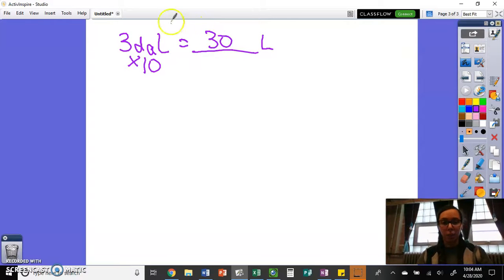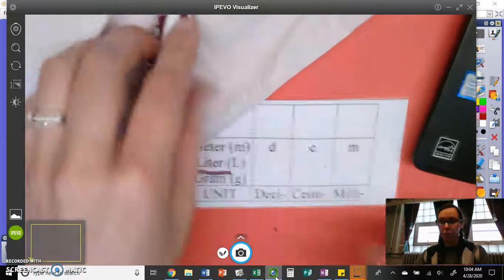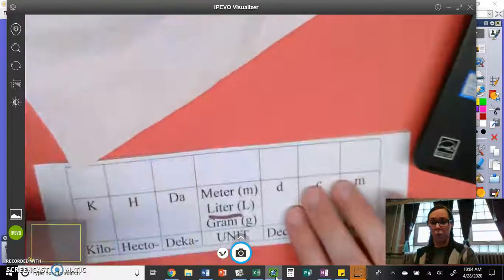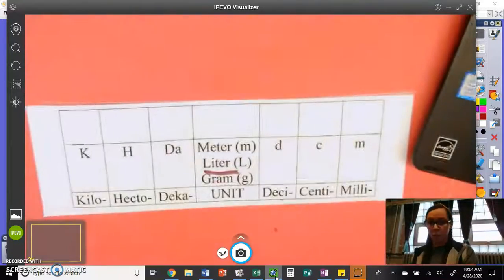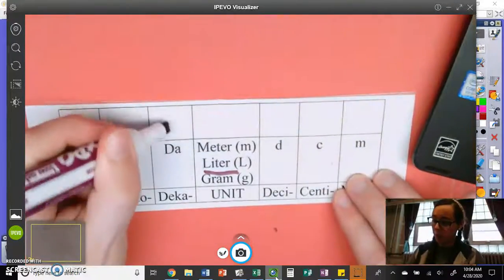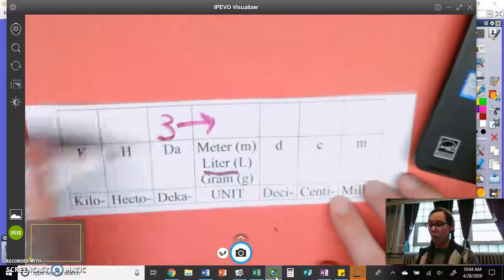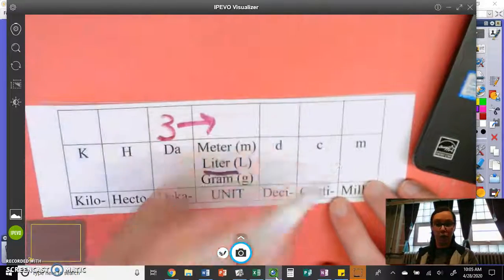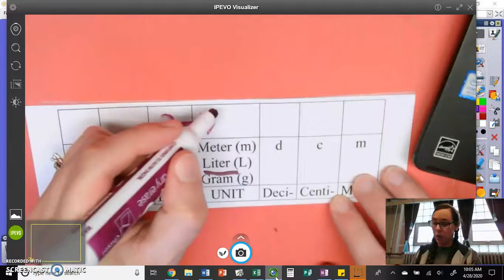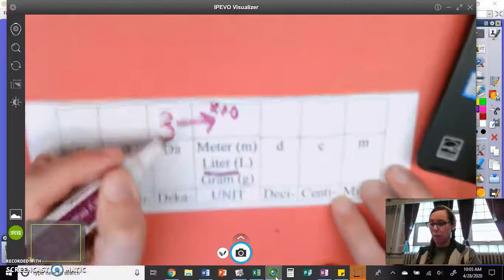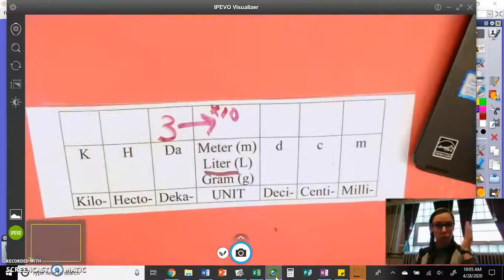And I say multiply by 10 because I'm only moving one box over. I started here, and I moved into this box. Remember, each box you either multiply or divide by 10 for each one. So here I would have a little times 10. 3 times 10 is 30.